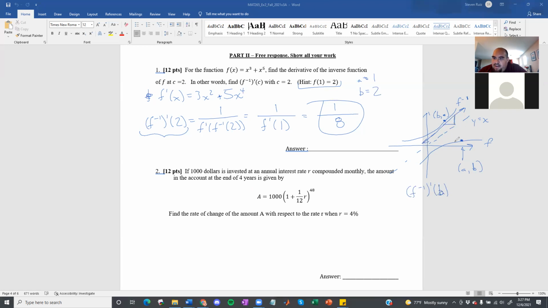well, probably need to look at this one first. If I look at this tangent line, this is going to have a slope of dy over dx, right?